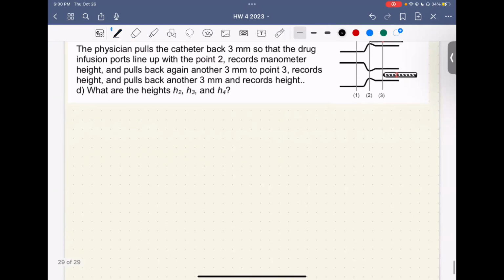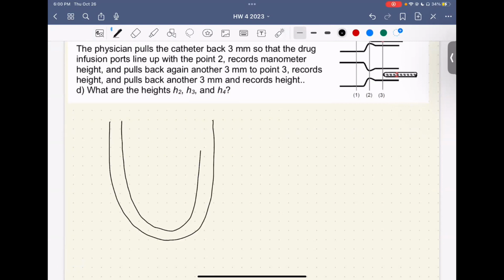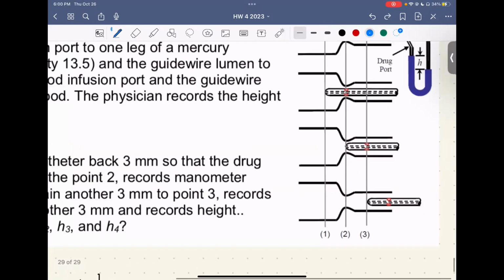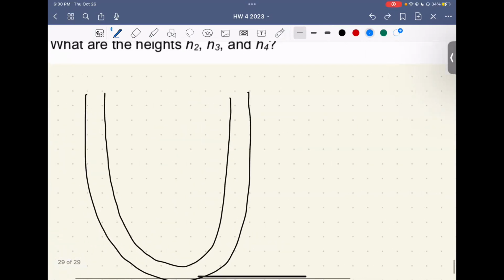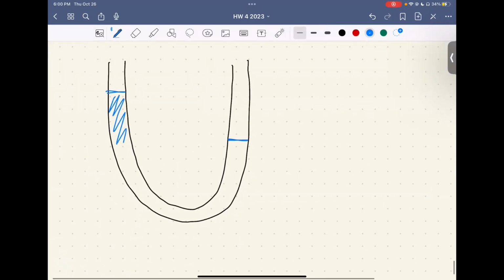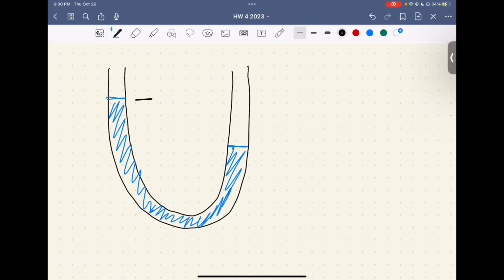So let's think about what our manometer is really saying here. It looks like in the image, one side is higher, the left side is higher than the right side. So let's draw this out right here. Great, we have our manometer. So we have some height, H1, okay?